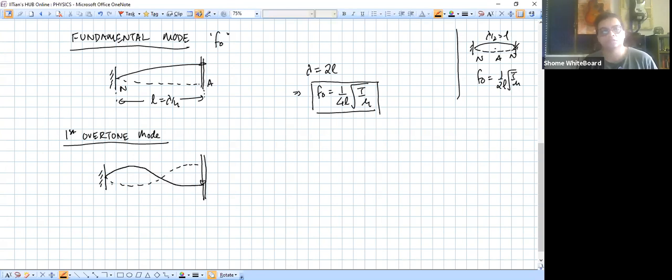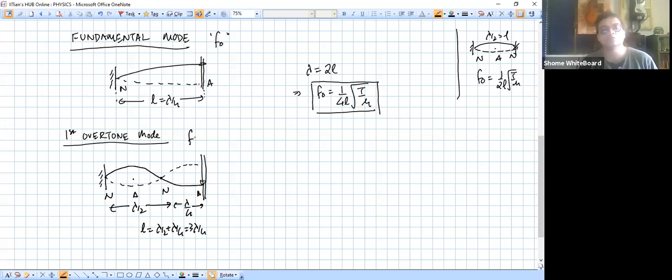Okay. So we have nodes and antinodes like this. So this is lambda by 2 and another lambda by 4. So the total length becomes lambda by 2 plus lambda by 4, or 3 lambda by 4.